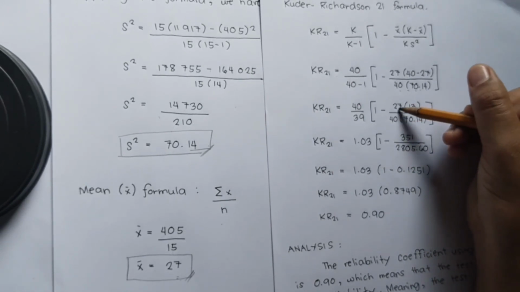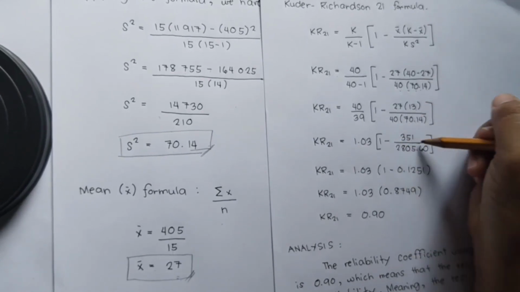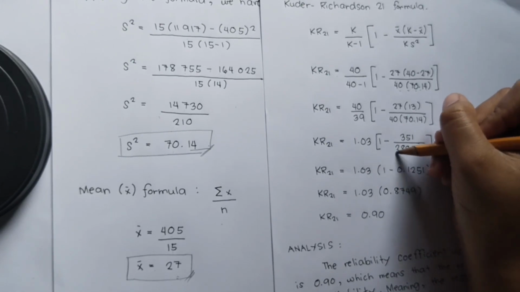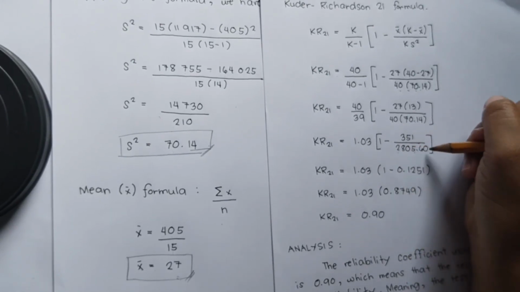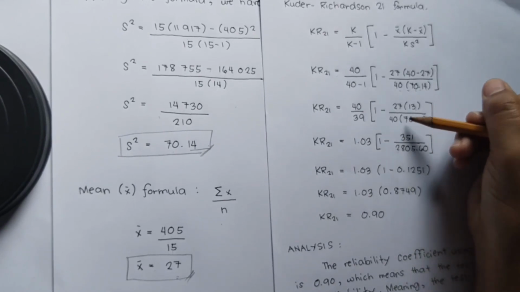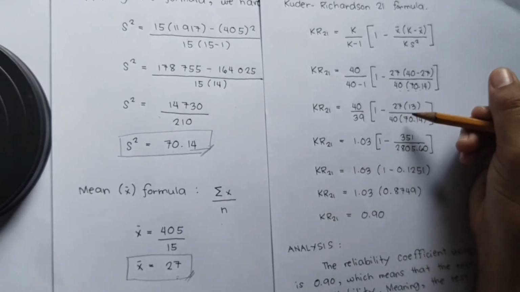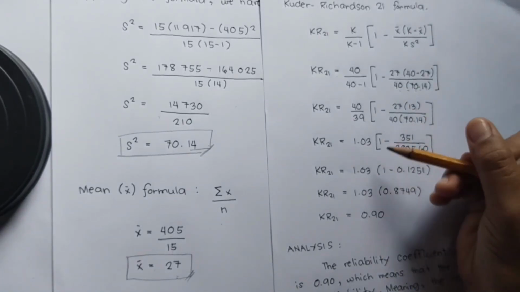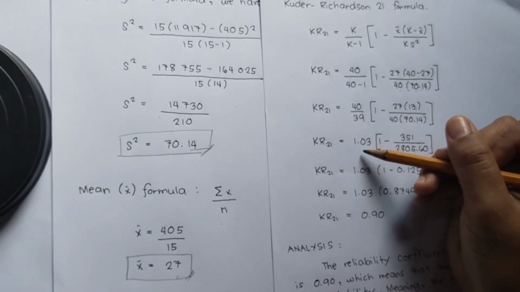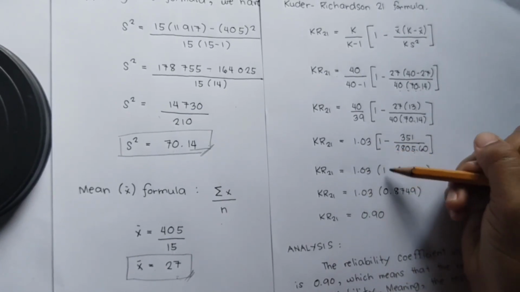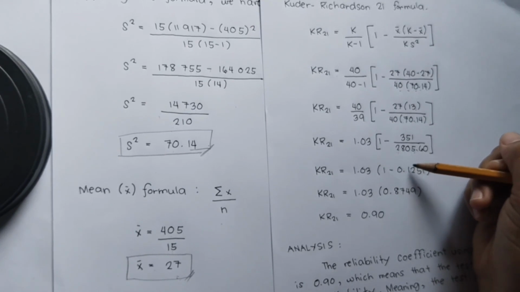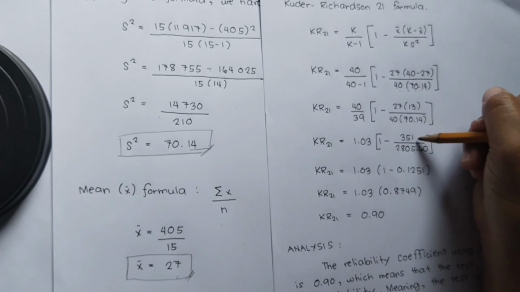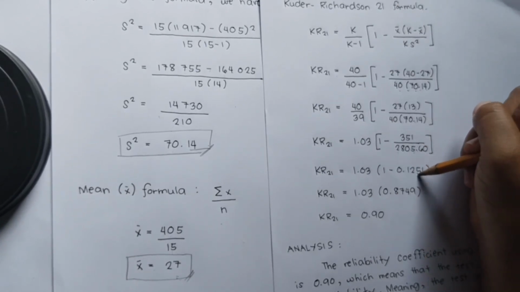Kasi ito yung value ni 27 times 13 over 2,805.60. Ito yung value ni 40 times 70.14. Ngayon naman, ikakopy lang natin itong si 1.03 times 1 minus 0.1251. Kasi, sinimplify na natin ito. So, ito na yung value niya.